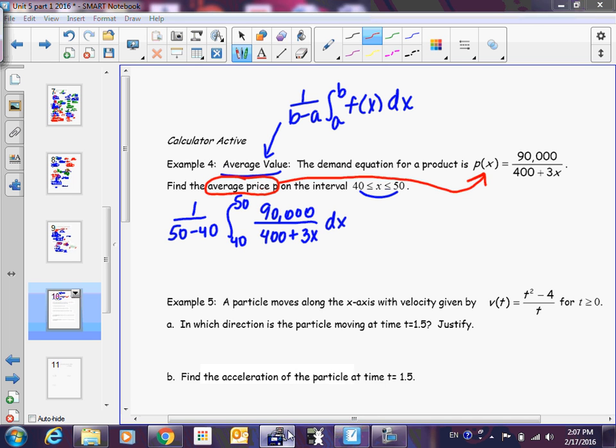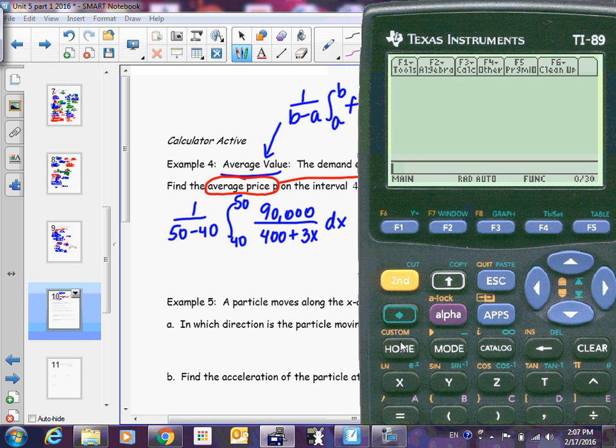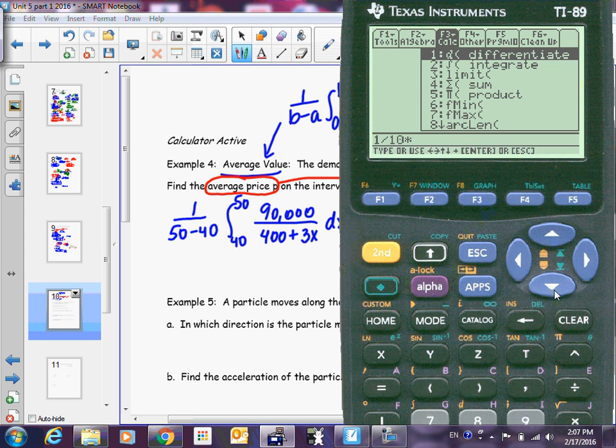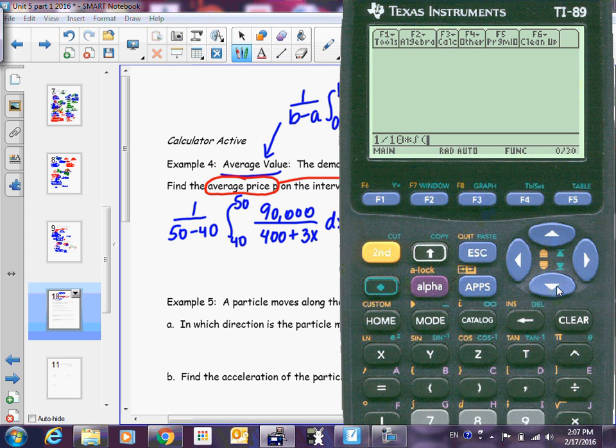Now, we're going to take the easy way out if we get to use our calculator. All right, and I'm going to go ahead and just do 1 divided by 10 because that's easier than trying to do the parentheses with the whole 50 minus 40. Remember, we do integration up that way, and we're going to type this in.